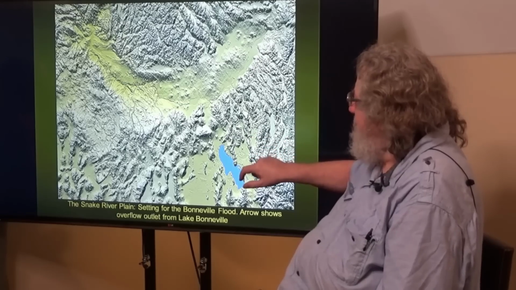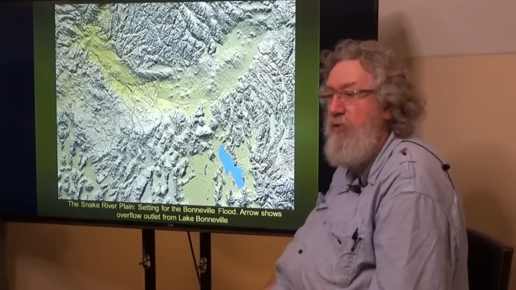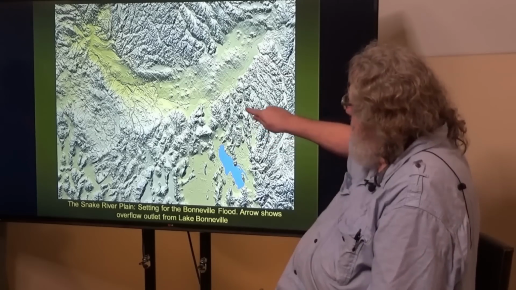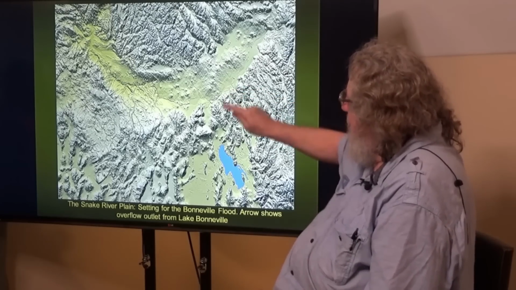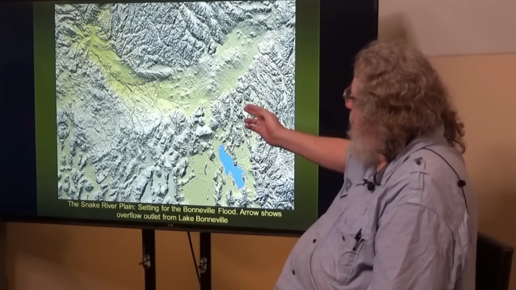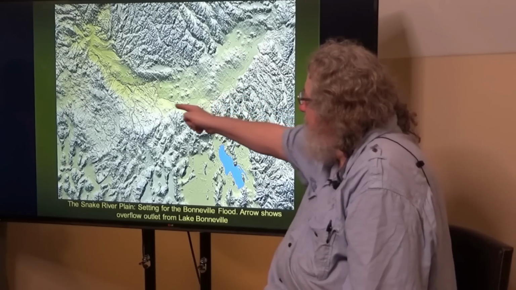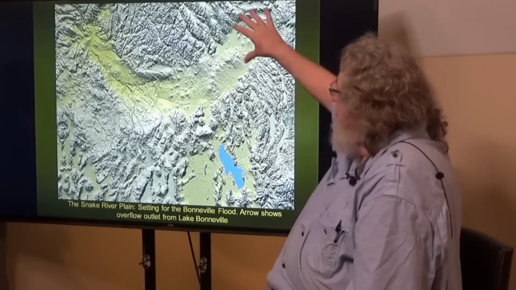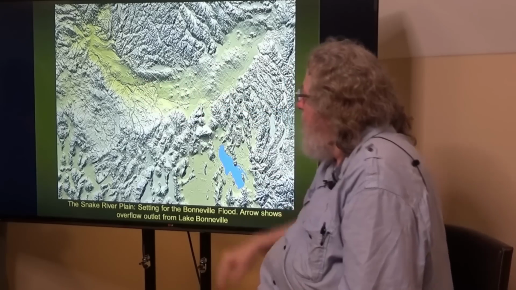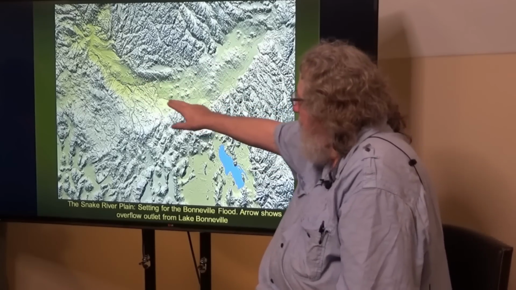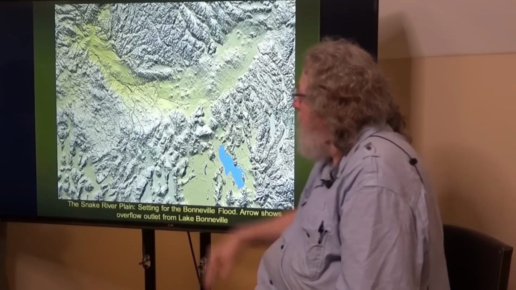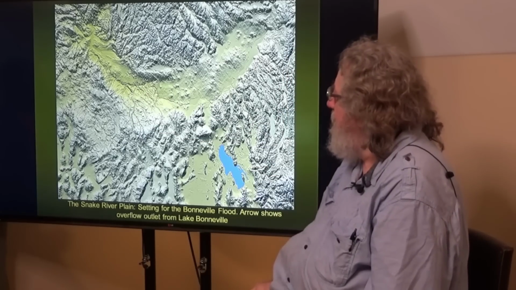One of the valleys, which was the lowest point on the perimeter of the lake, was right up through this area. And when the flood spilled out, it followed this valley out onto the Snake River Plain, which is this large feature that we see right here. And we can see the channel of the modern Snake River snaking its way across the plain there.